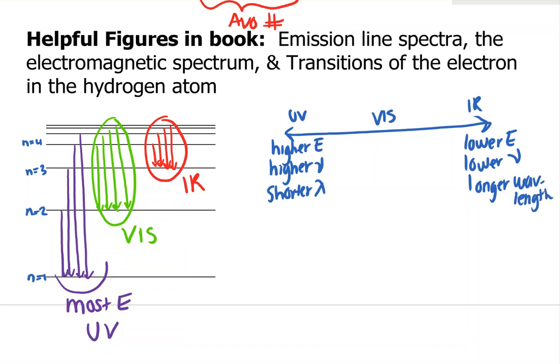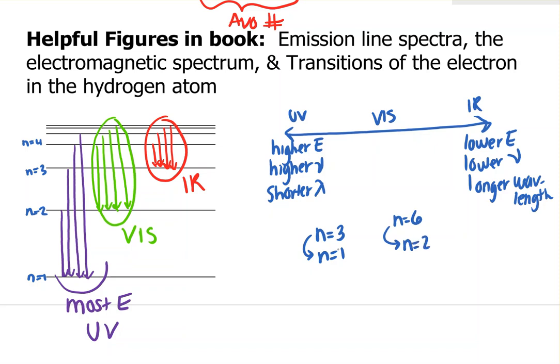So you see we could make some statements if you compare two transitions, for example a transition of n equals 3 to n equals 1 versus going from 6 to 2.